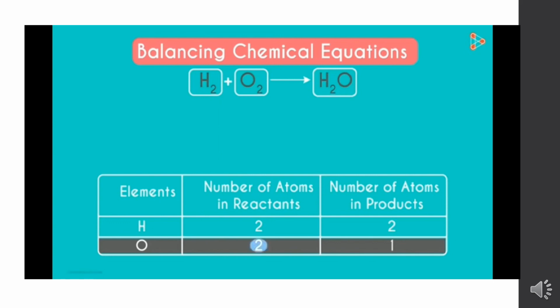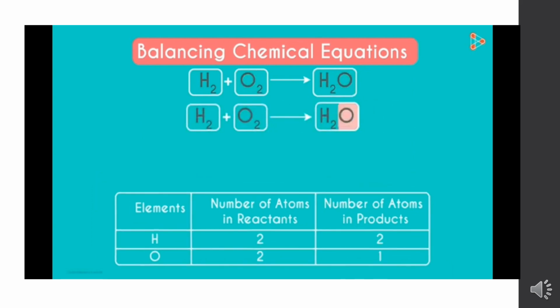Next, we form a table like we have already drawn here. This row in the table tells us that the number of atoms of oxygen on the reactant side is not equal to that on the product side. It's 2 on the left and 1 on the right.